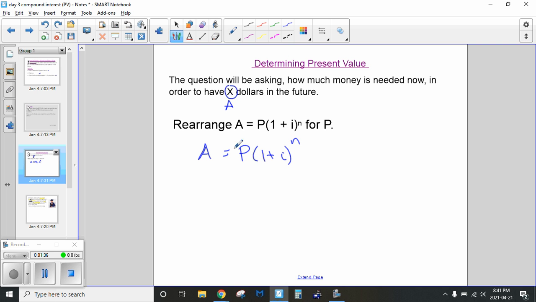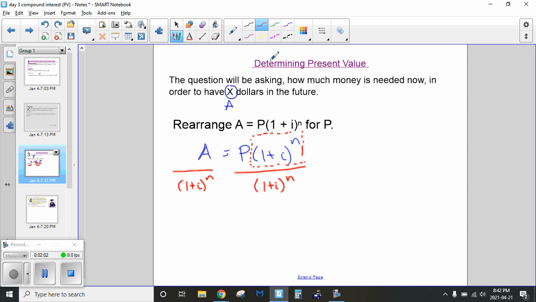If we're trying to solve for principal, that means we need to get rid of this whole power. If we want P by itself, we have to get rid of that power. So we're going to divide by that whole power and do the same to the other side to keep the equation balanced.